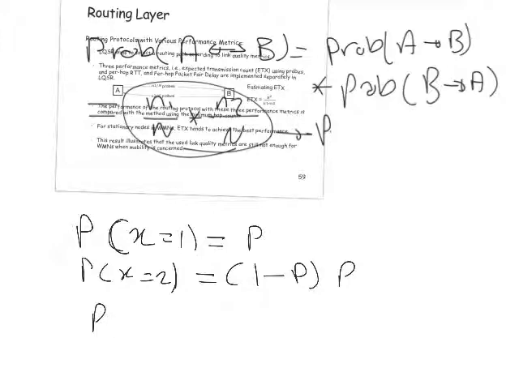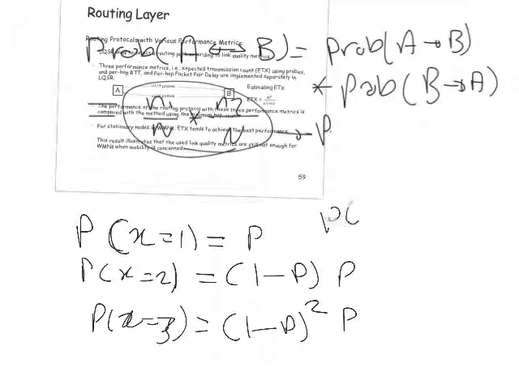What is the probability that x equals 3? This means that it fails the first time, it fails the second time, it succeeds the third time. Which means 1 minus P multiplied by 1 minus P multiplied by P. Okay? So in other words, the probability that x equals any n is what?